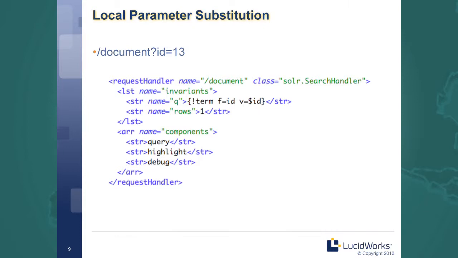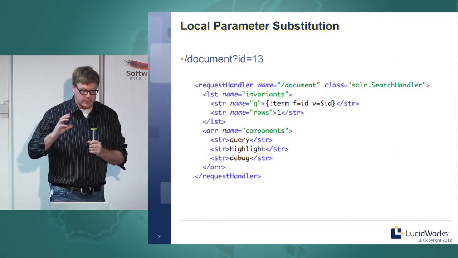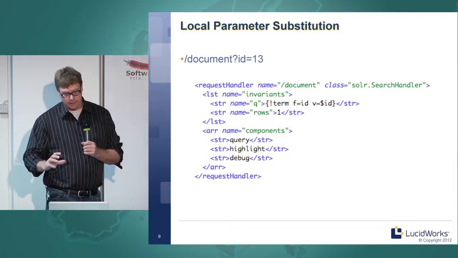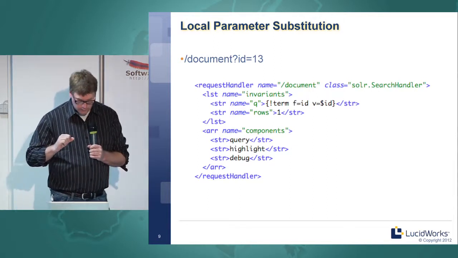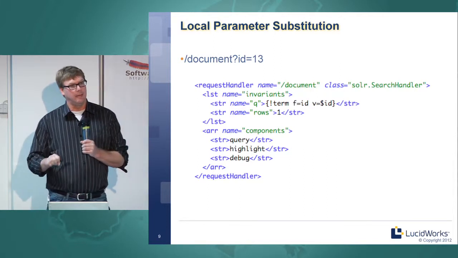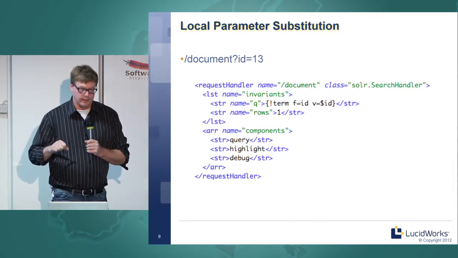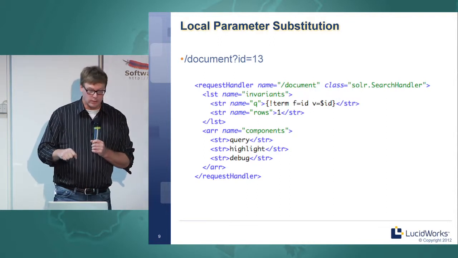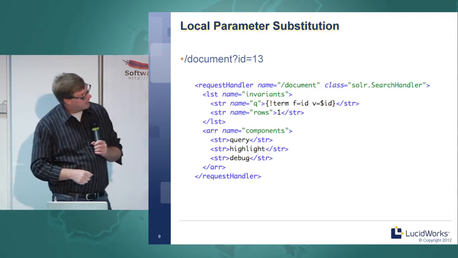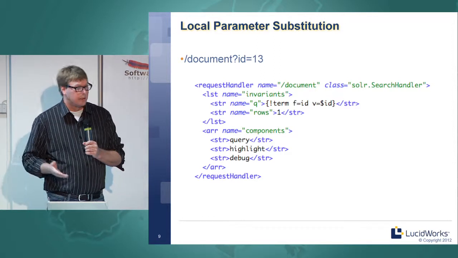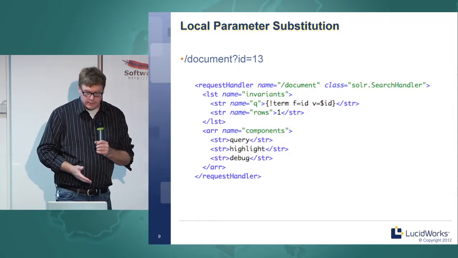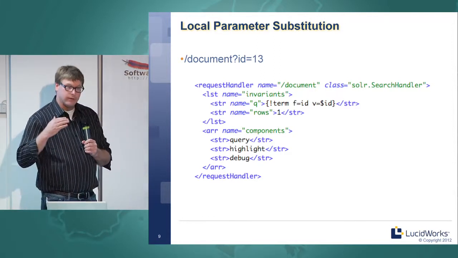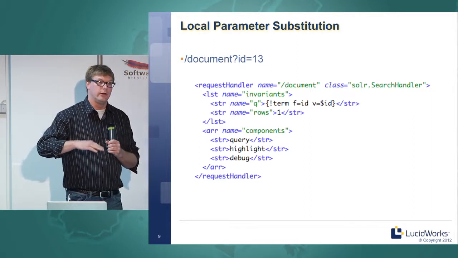So given that we now know how to specify a query parser, I want to provide a clever example here of using a request handler mapping as well as the curly bracket syntax for overriding the query parser. So I've provided a /document request handler here, and I've made some parameters invariant.